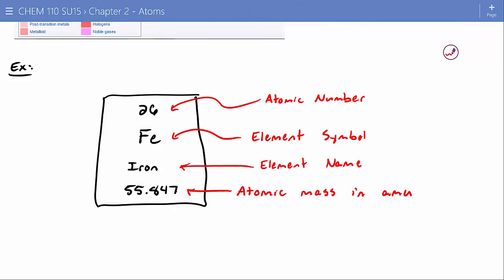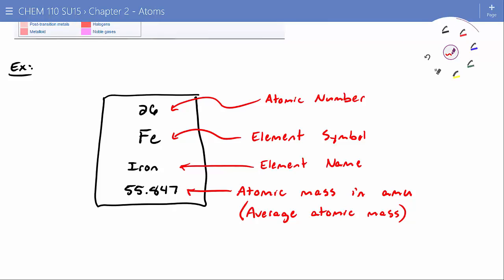And specifically, this is the average atomic mass. So like I said, hydrogen has isotopes. Some of those isotopes are heavier. So what we do is we average out all of the hydrogen in the universe and all of its isotopes, and we'd say this is the average atomic mass for hydrogen.